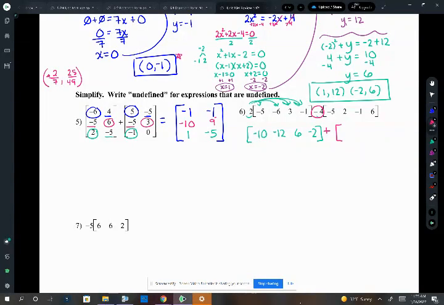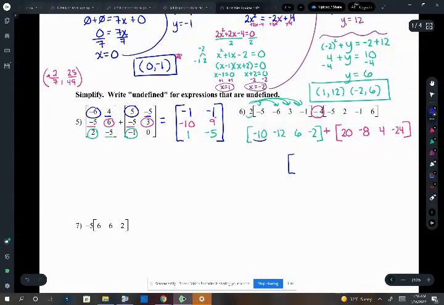So I'm going to go negative 4 times negative 5 is 20. Negative 4 times 2 is negative 8. Negative 4 times negative 1 is 4. Negative 4 times 6 is negative 24. And now we've got 2 matrices with 4 columns, and we're just going to add the pieces together.